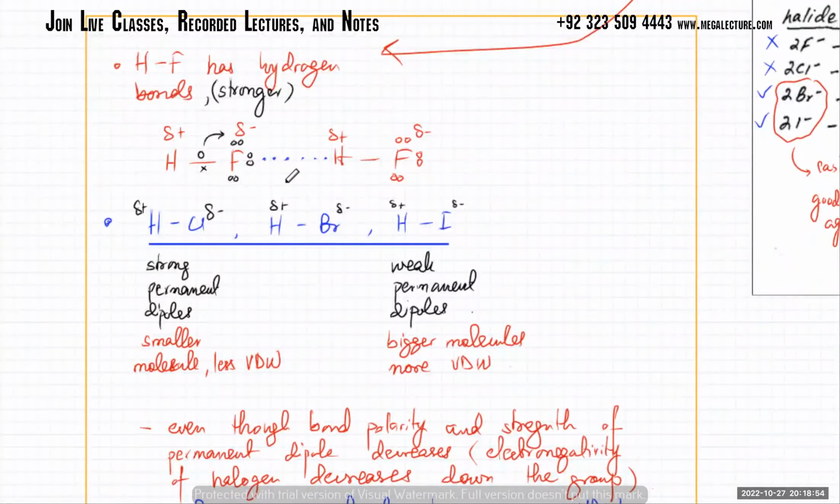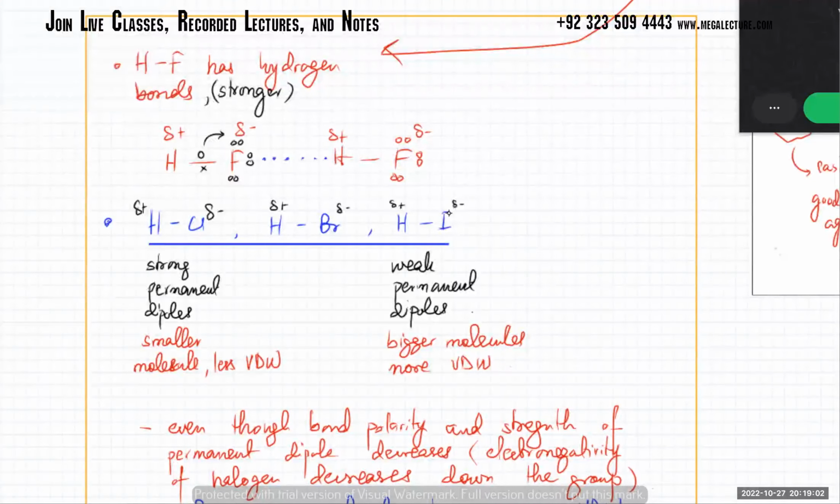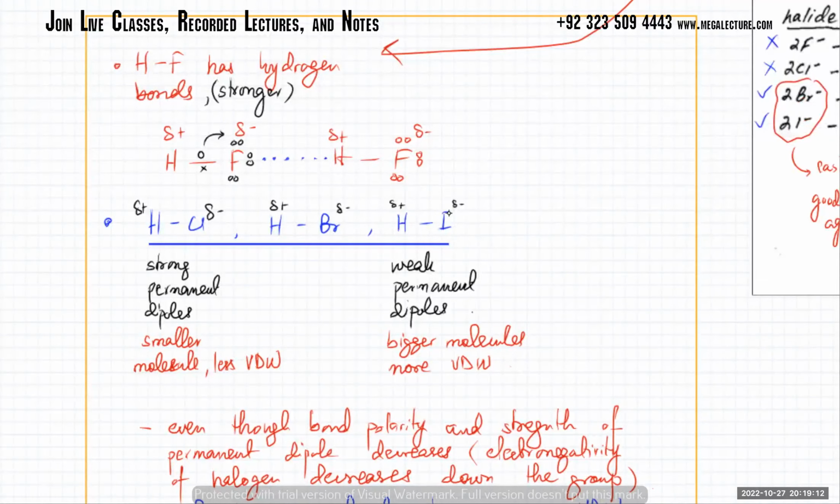Cl is less electronegative, Br is even less electronegative, and iodine is much less electronegative. So they're all going to have weaker attraction for electrons.